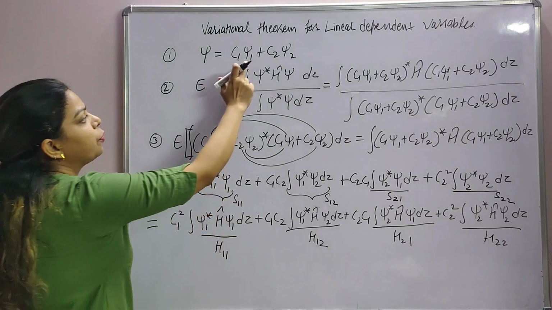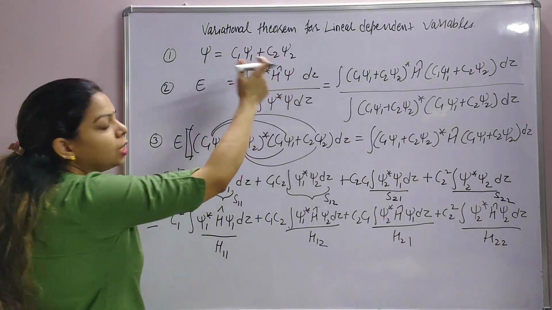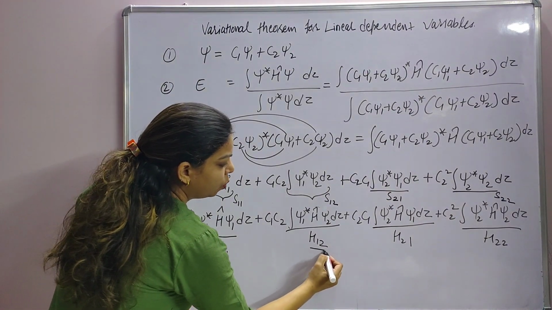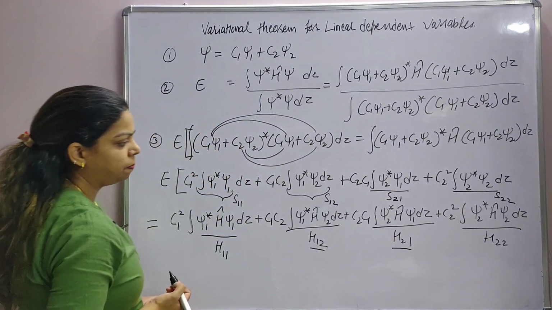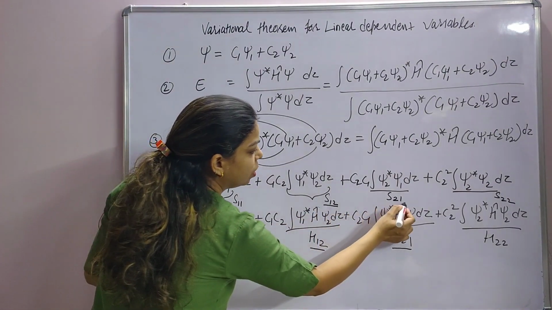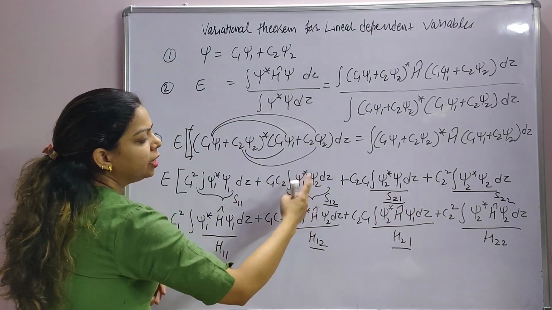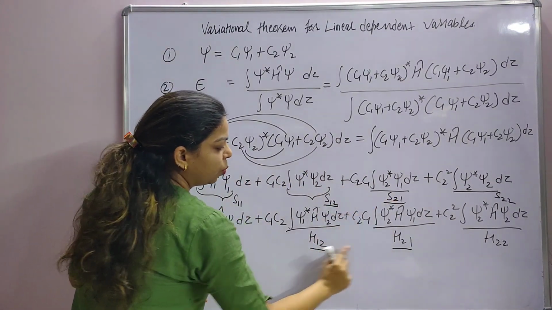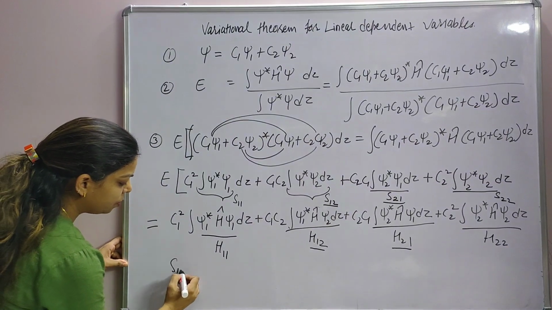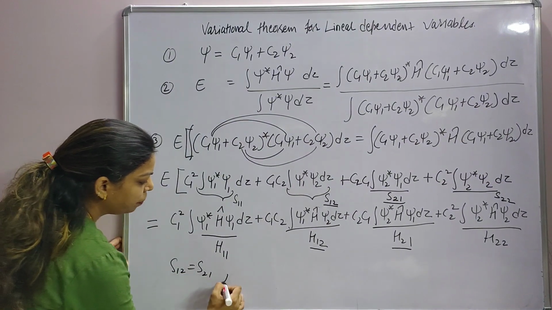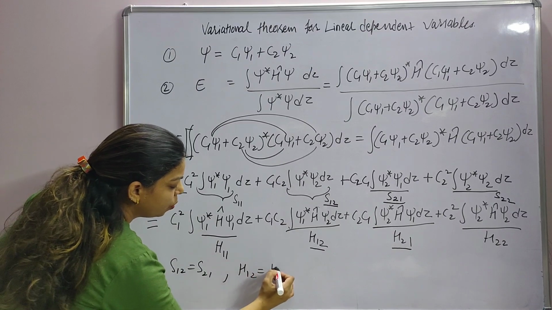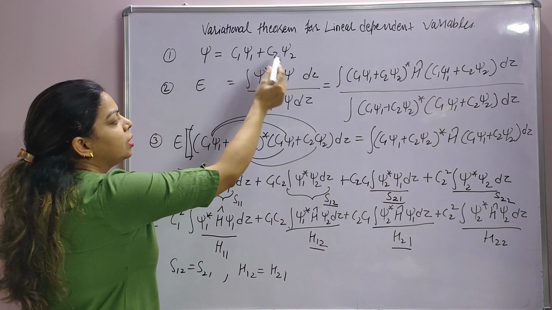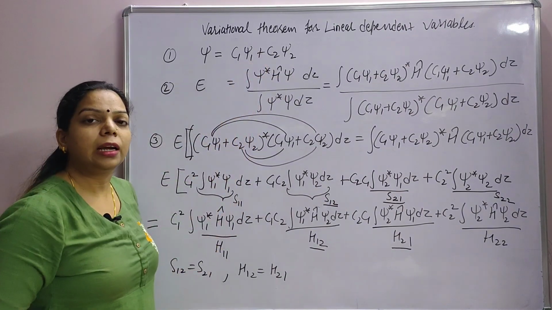Now if these two wave functions are interchangeable, we can say H12 and H21 are equal and S12 and S21 are equal. If we can interchange the role of these two wave functions, these two functions will become equal. So S12 will be equal to S21 and H12 will be equal to H21 if the two wave functions are interchangeable.